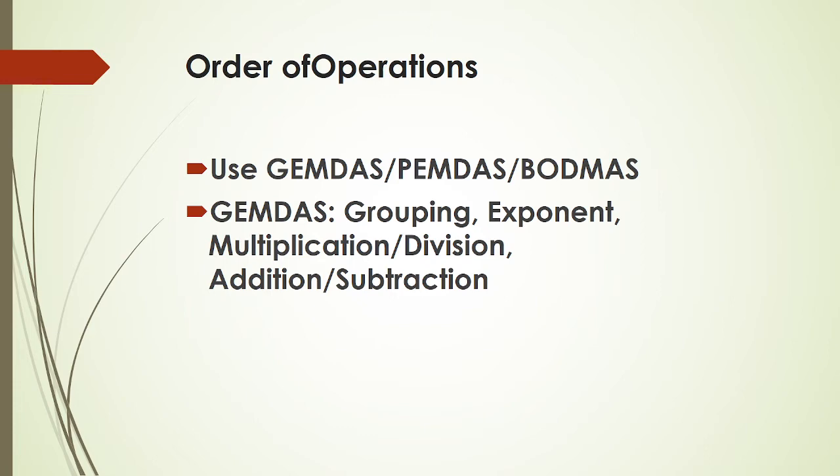This rule also states that we need to simplify first expressions which are inside the grouping symbol. And next to that would be the exponent. But the exponent thing is not just with the integer exponents, but it can also include rational exponents, yung may exponents na in fractional form. No?